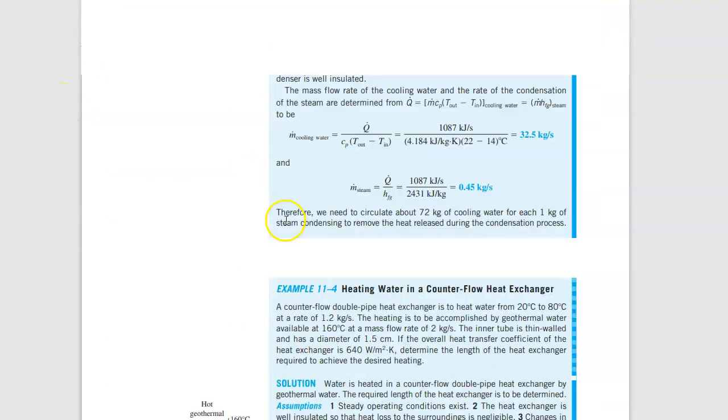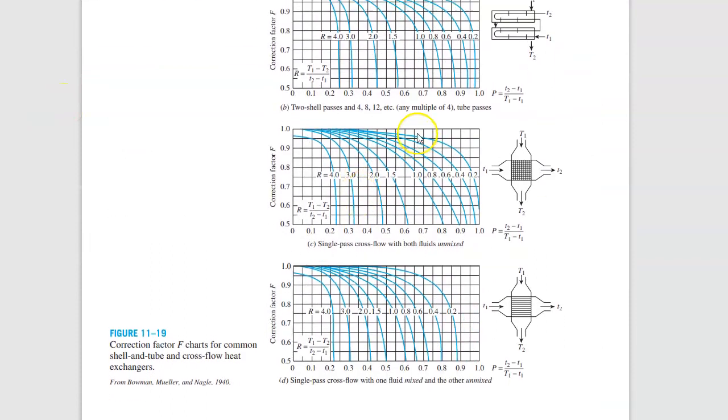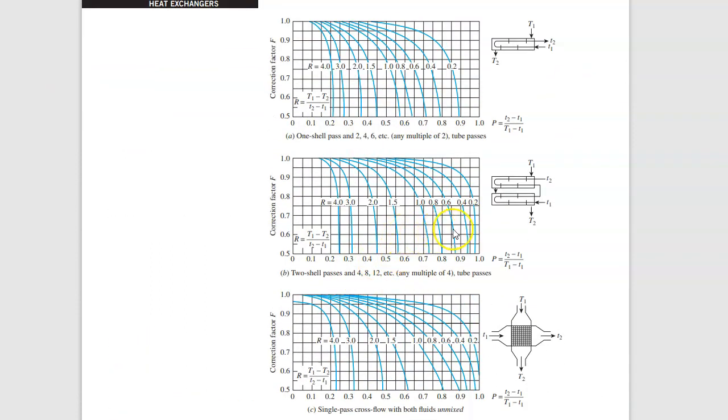Let's have a look at R first. R equal to 0.5, 0.75. So 0.75 is somewhere here. Then P is equal to 0.67. If I draw this, this is R at 0.75.